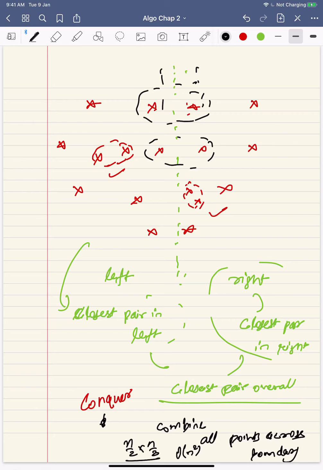So we have to do something more interesting. Now, what is the idea? I have the set of points P. Let's also think in terms of how we will code.